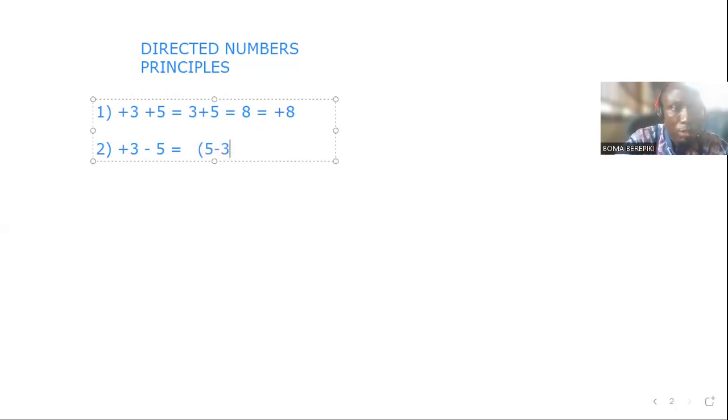When you're done, the operator in front of the big number becomes the operator of your result. Because the big number has a negative sign, my answer must have a negative sign. So I'm going to put equal to minus 2.